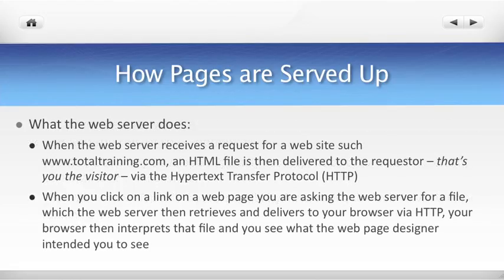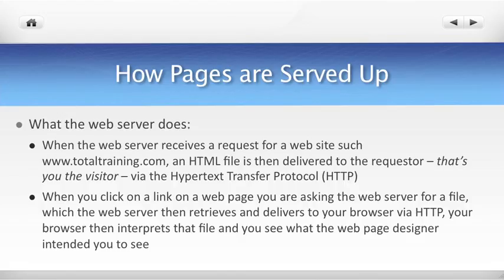Well, how does the web server actually serve up those pages? Let's take a look at what's going on. The web server receives requests anytime anybody types in a website address, such as totaltraining.com. That website address is also referred to as a URL. URL stands for Universal Resource Locator, essentially a long-winded description of a website address.